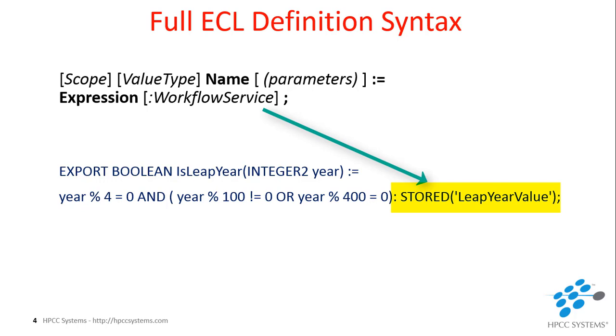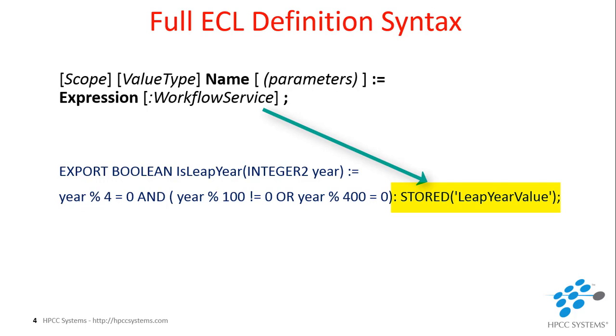Now, workflow control within ECL is generally handled automatically by the system. It spots which processes can happen in parallel, when synchronization is required, and when processes must happen in series. These workflow services allow exceptions to the normal flow of execution to be specified by the programmer to give extra control, such as the stored clause shown here.